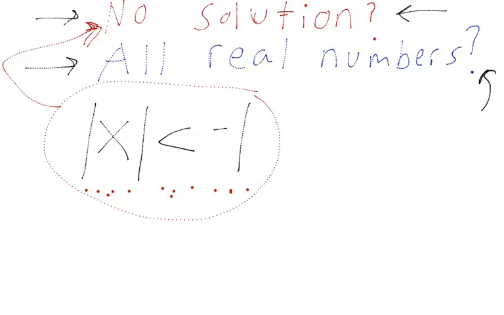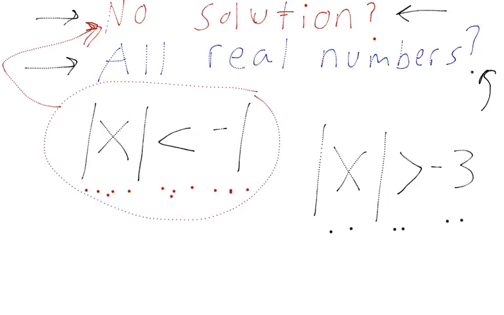Different example, if I had something like this, where the absolute value of x was more than -3, so what we're saying is the absolute value of x, the distance from 0, has to be more than -3.